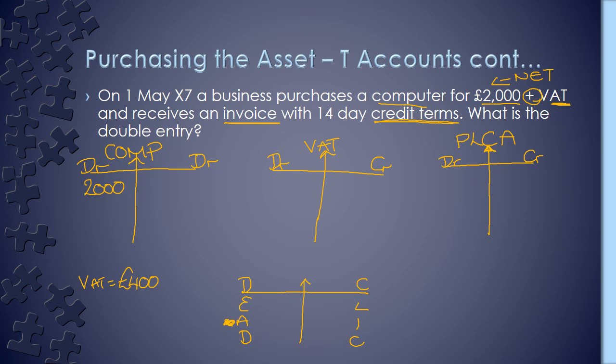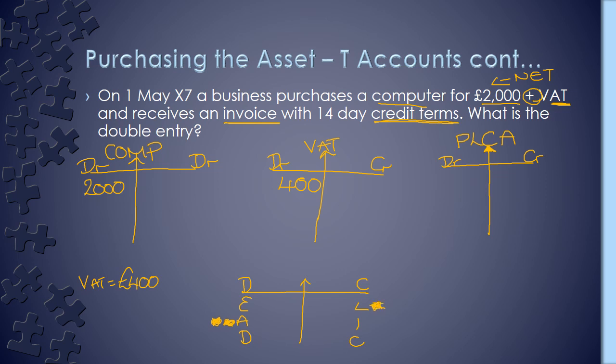Because we're going to be able to reclaim that from HMRC, we know that we are going to debit our VAT account £400 because that is also going to be an asset to us. But then our gross amount, so in the last question we credited our bank account because we were reducing the balance on our bank account. But this time we're actually going to increase our purchase ledger control account. And our purchase ledger control account is a liability.